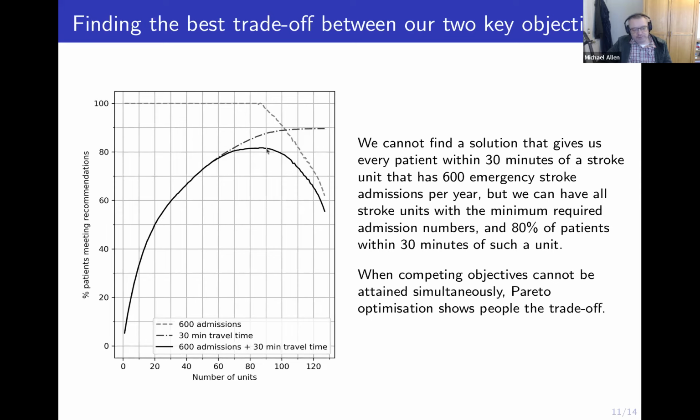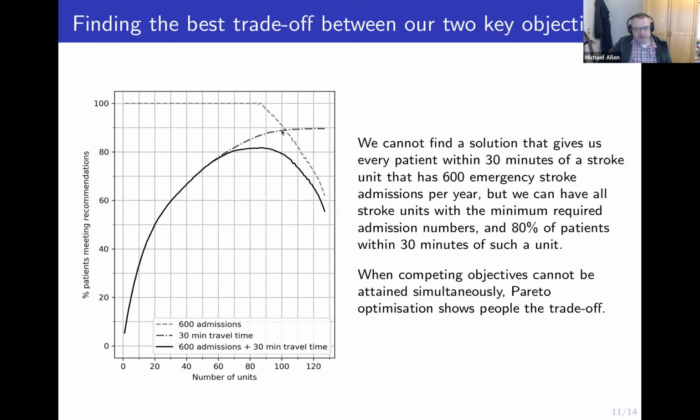And then if we want to combine these two objectives, the best we can do is the proportion of patients living within 30 minutes of a unit with 600 admissions, then we maximize that objective if that's really what we absolutely care about. All these problems are more complex than that, but it gives a guide that we can get it to between 80 and 82%, using between 70 and say 100 units.